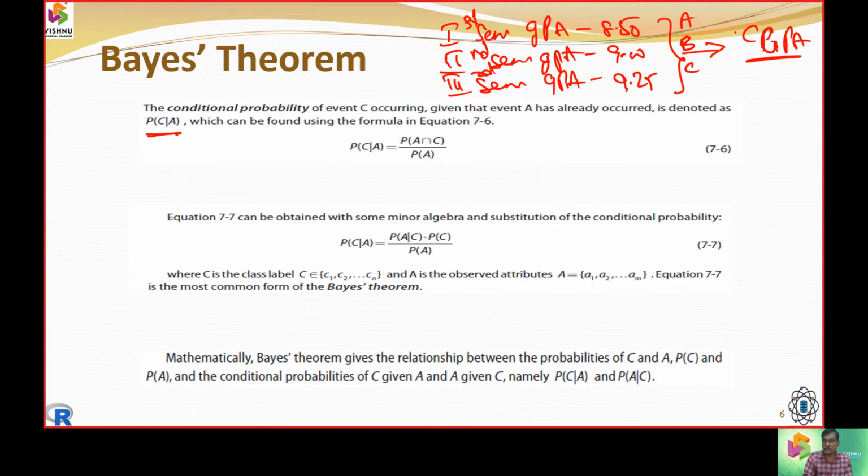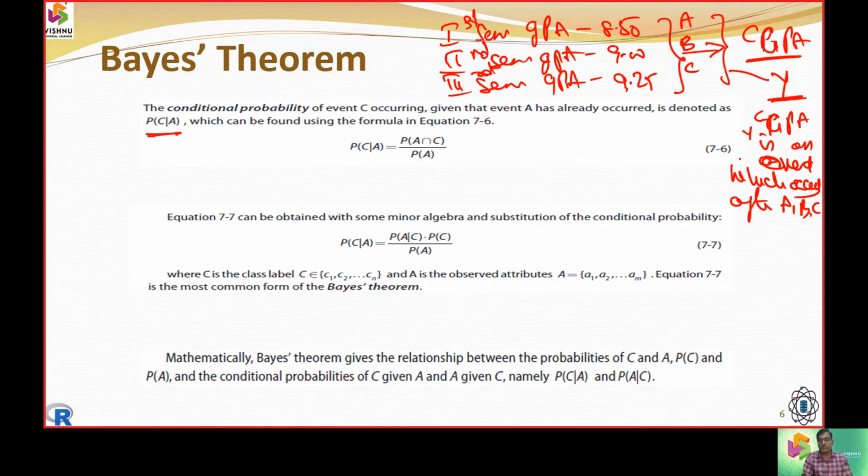Now CGPA is going to be a function of Y, isn't it? So CGPA is an event which occurs after A, B, C. So CGPA, that is nothing but Y, occurs after events A, B, C have been done.